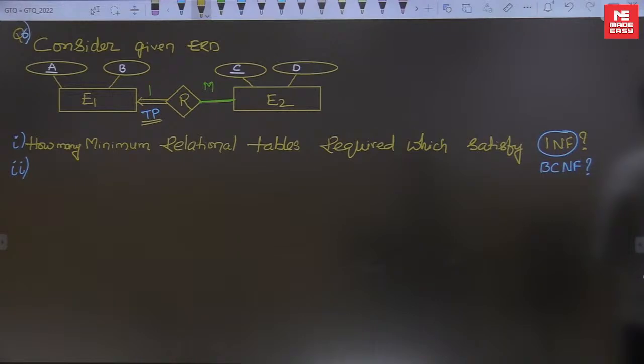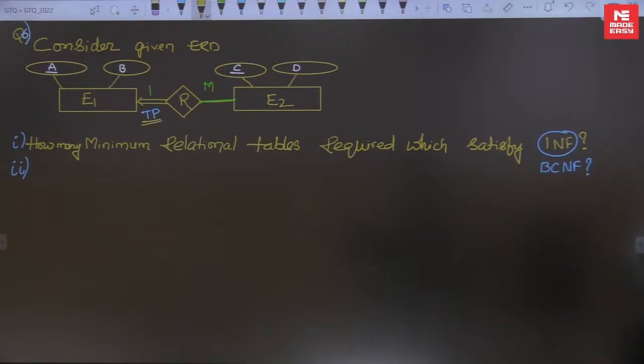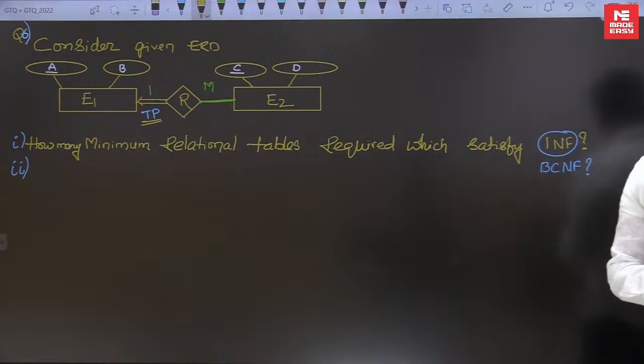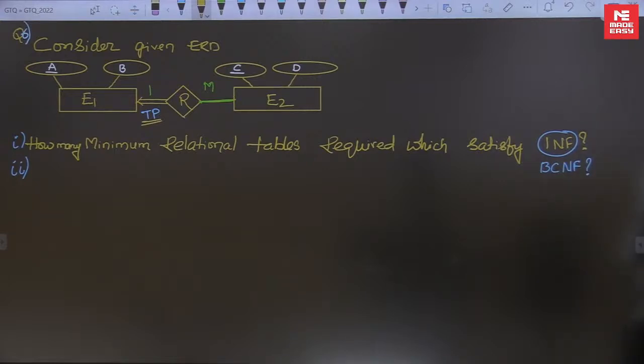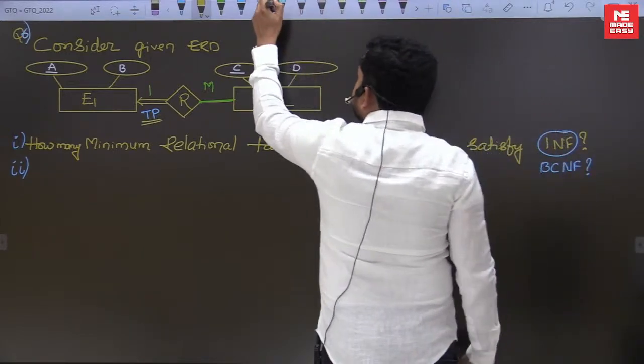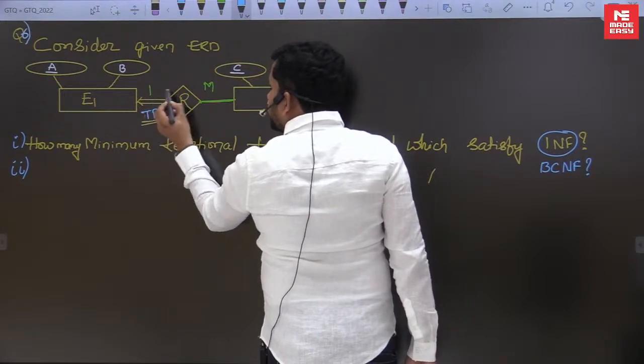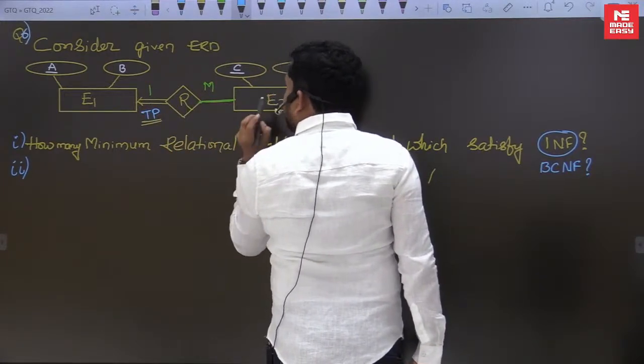Right, many are giving 2, or some are giving 1. See, irrespective of the participation, if it is one to many mapping, a relationship can combine with E2.